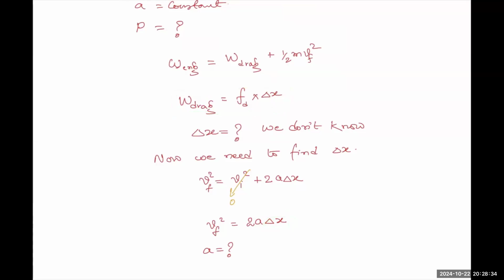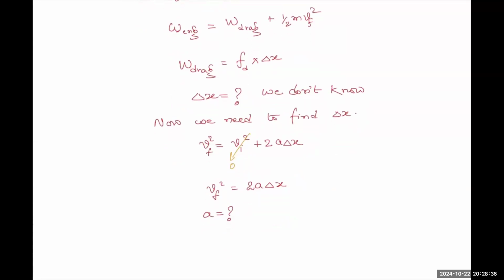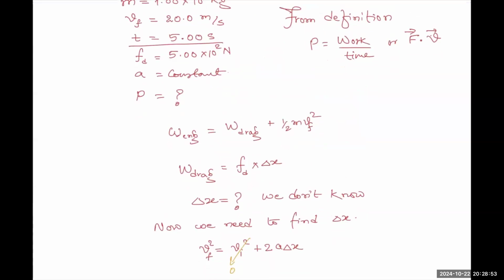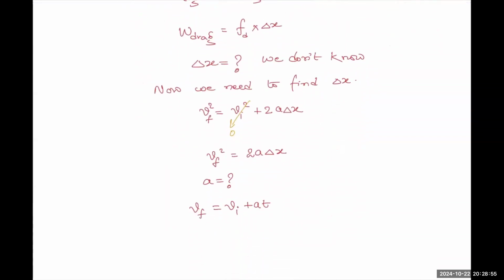Right? So again, what equation do I have? Final velocity equals initial velocity plus acceleration times time. Do we have time? Is it given? Yes, it is given. So time is 5 seconds. And again, the initial velocity is 0.